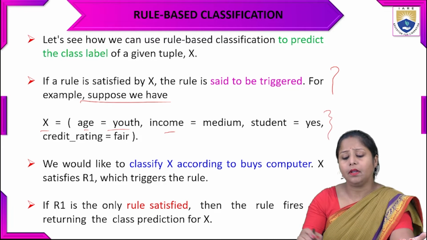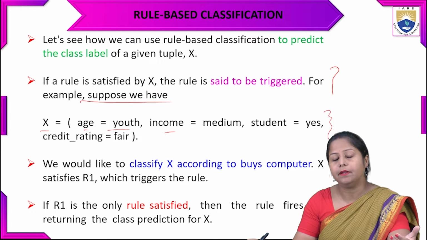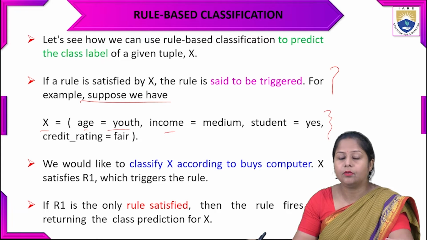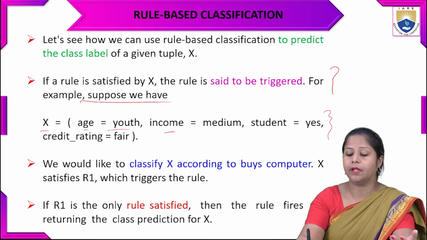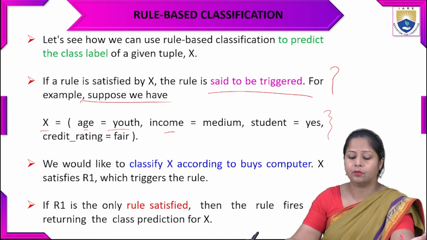This tuple has all four pieces of information in that one record, so the rule has been satisfied. We call that the rule has been triggered.